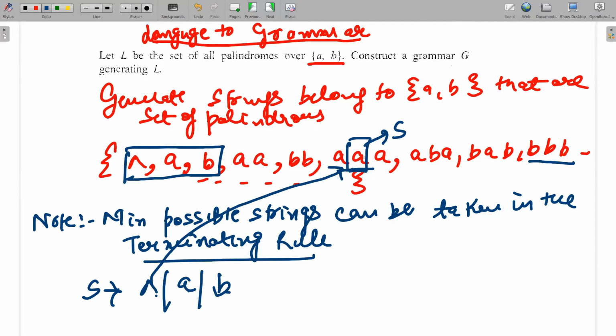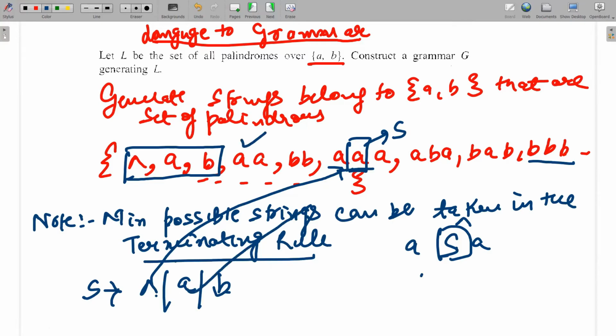You have written ASA, and you put null in the middle. You will get A null A, which is double A, and you are getting the string double A.